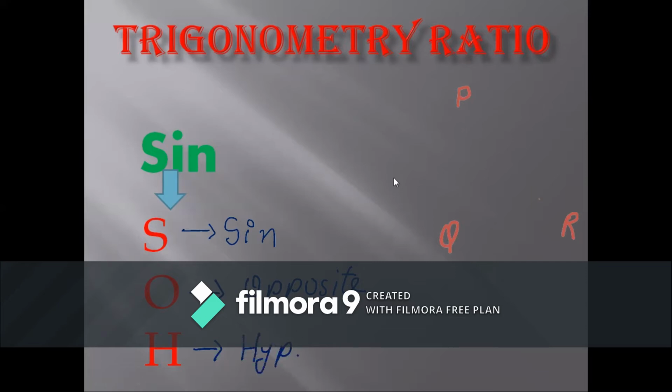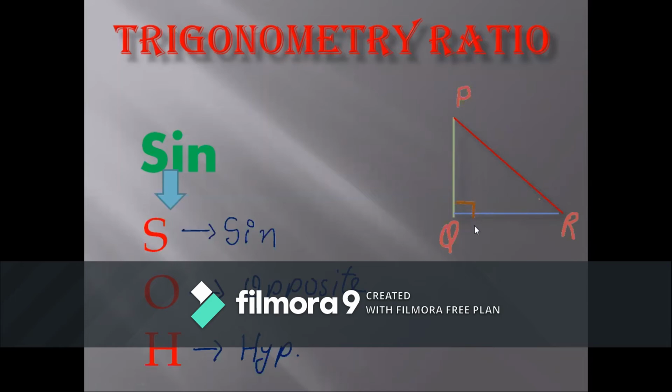Here we are taking a triangle PQR, with the sides PQ, QR, and the longest side, the hypotenuse PR.